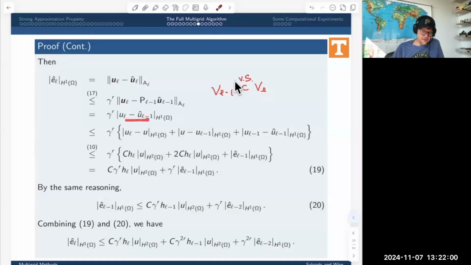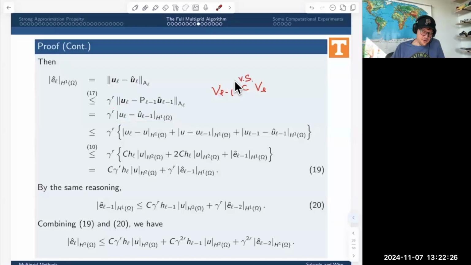So that's where this guy lives. And it's just an exercise to show that this norm here is equal to this norm with exact equality. Not too hard to show, because this is the coordinate vector of this finite element function in the space VL. So that's just a fact.